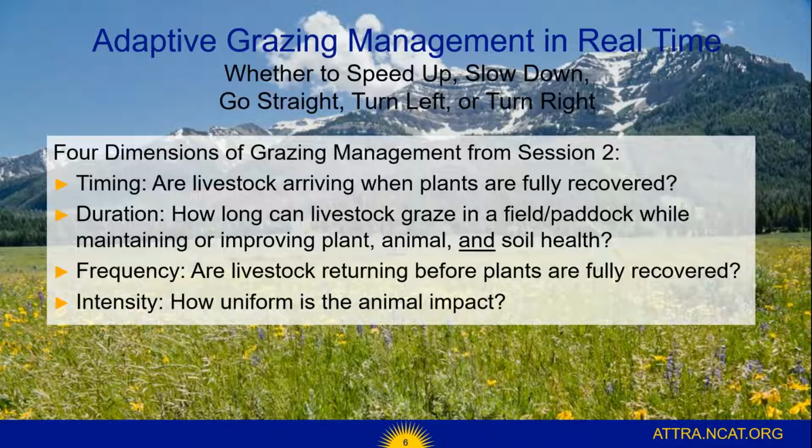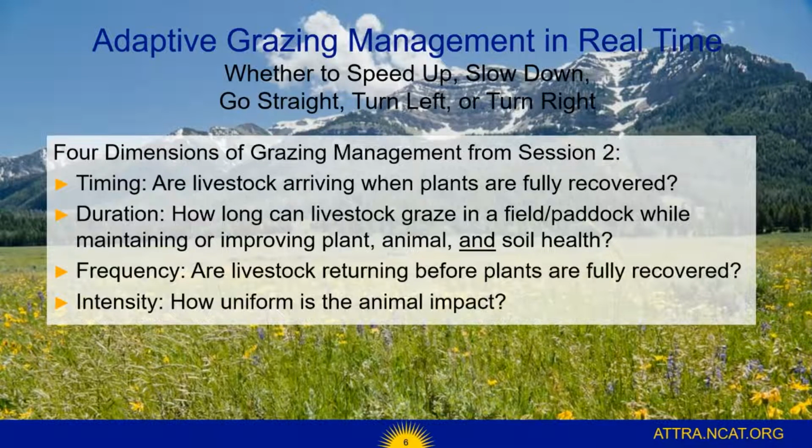For the final dimension of intensity, we could ask, how uniform is the field receiving animal impact from either grazing, trampling of ungrazed forage, hoof impact on bare soil, and fouling with manure and urine? So the intensity, which we measure through the metric of stock density, directly affects the uniformity of animal impact.